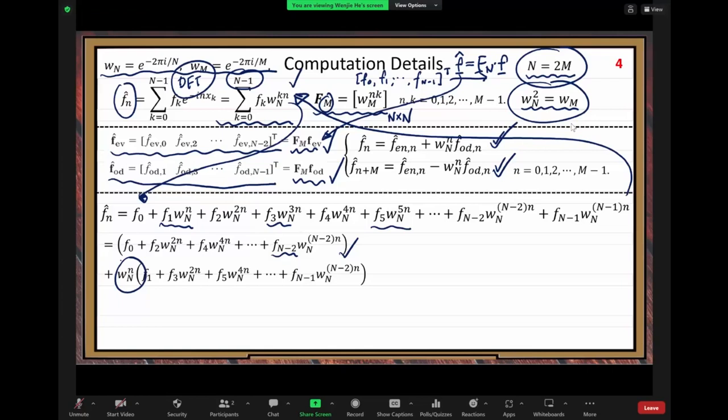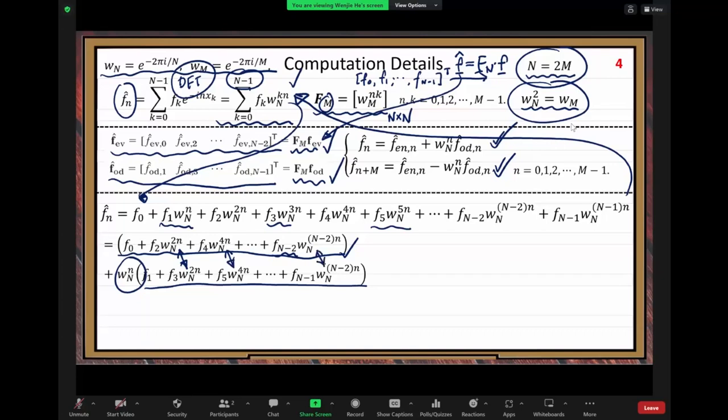After factorization, if you compare the terms inside these two parentheses, you can see that for the corresponding terms, the power of W is exactly the same.